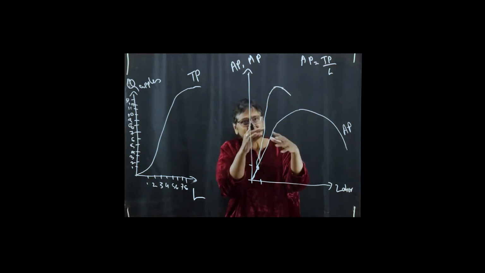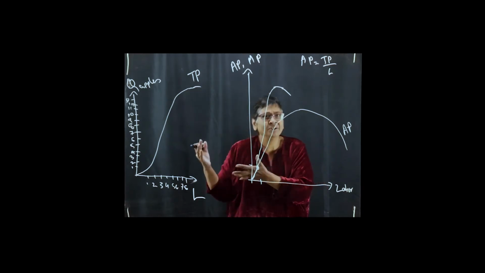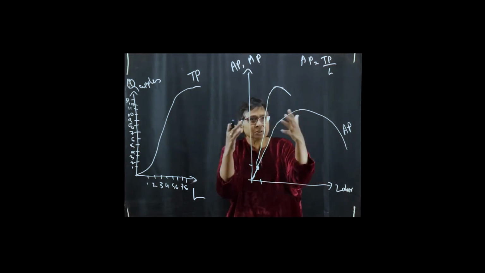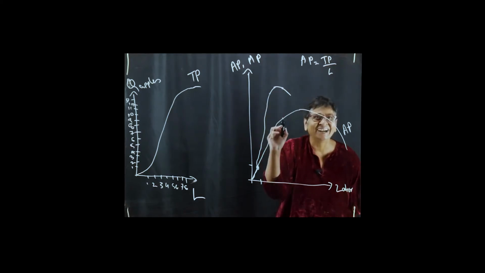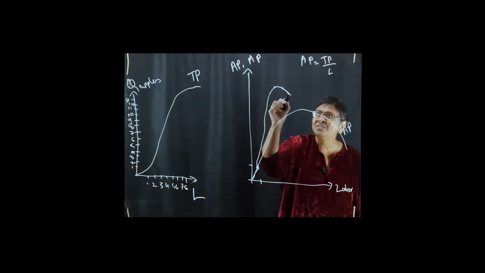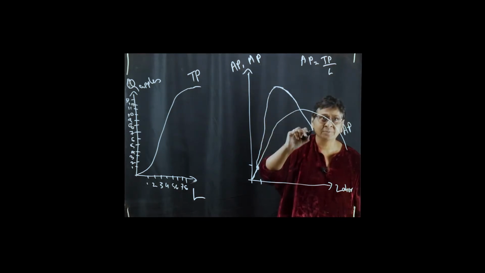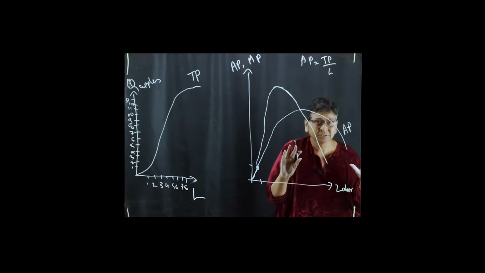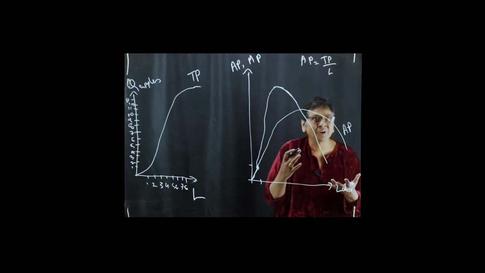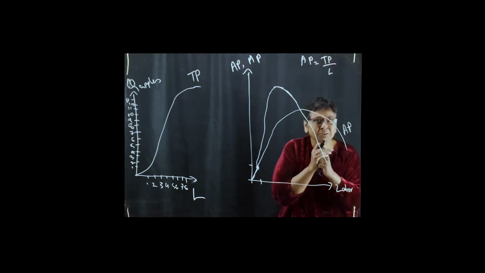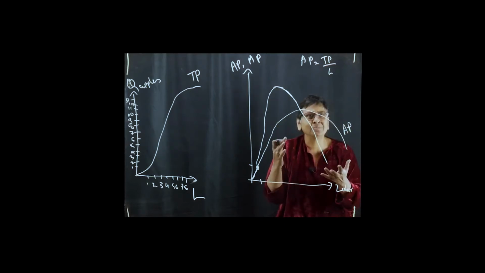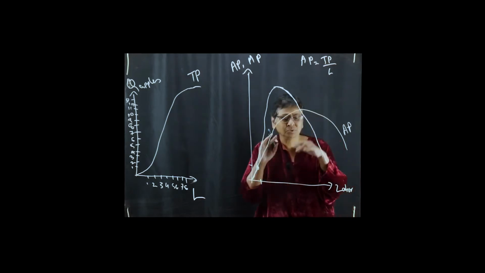It's still going up because you still got a better grade than your existing GPA, but your marginal is coming down. You got senioritis, you're not working as hard. So if the law of diminishing marginal productivity holds, eventually the marginal productivity is going to start coming down. It's not negative. You're still adding product, you're just not adding as much, like half an apple, 1 apple, whatever. You're still adding apples with more workers.